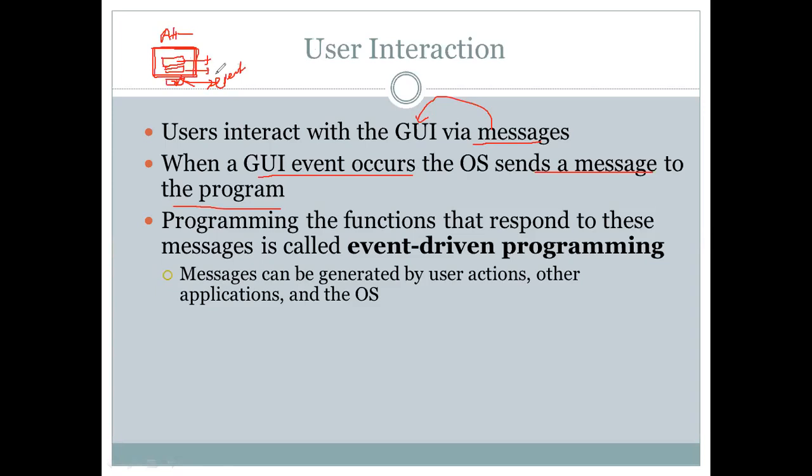Once the event is created, that event will send a message to the OS, or I can say the application will send a message to the OS, which will directly interact with the hardware. That means it will interact with the database where I have to update. Is it clear how basically the user will interact?